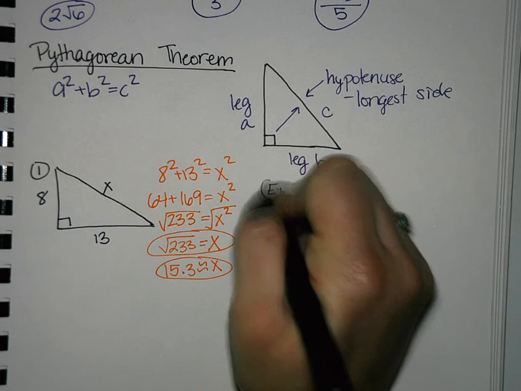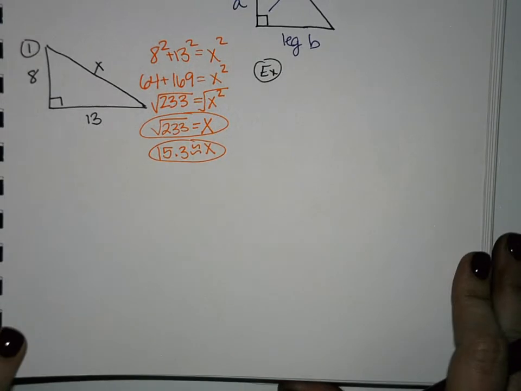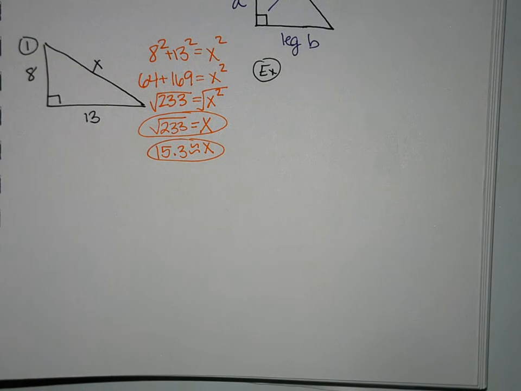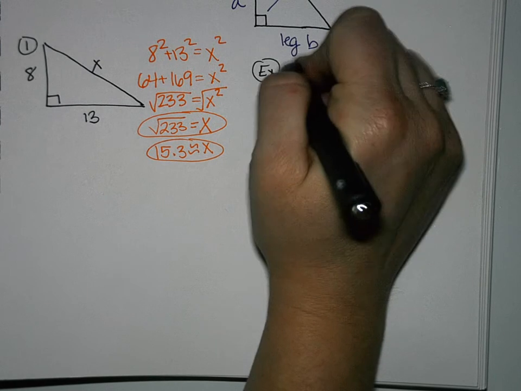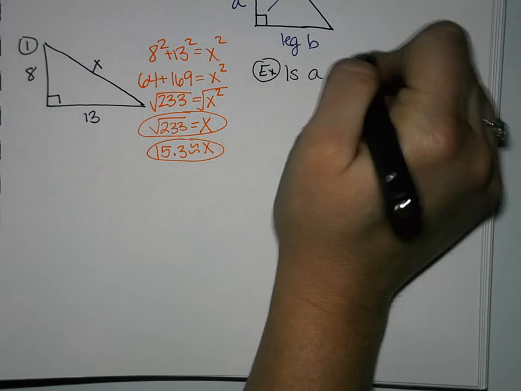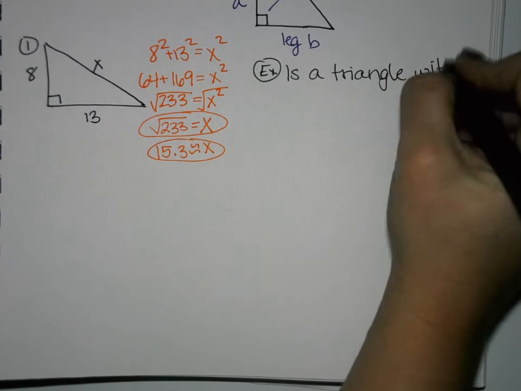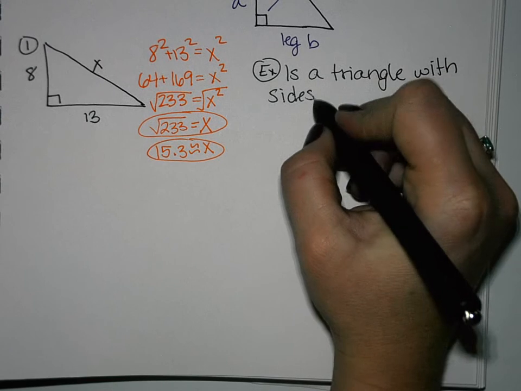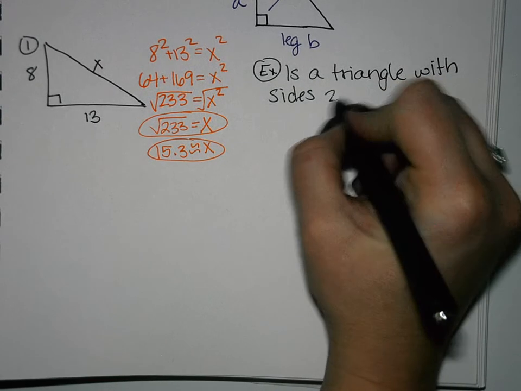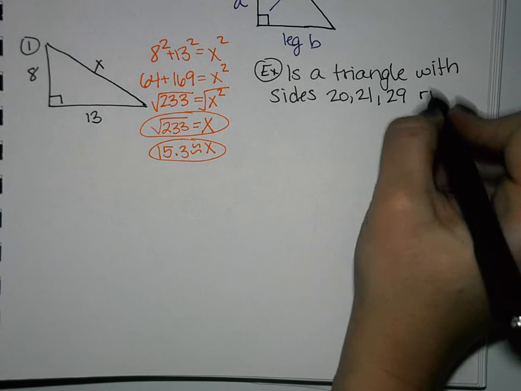Okay, the second way that you're going to be asked to use the Pythagorean theorem is it's going to ask you, is a triangle with sides 20, 21, and 29 right?